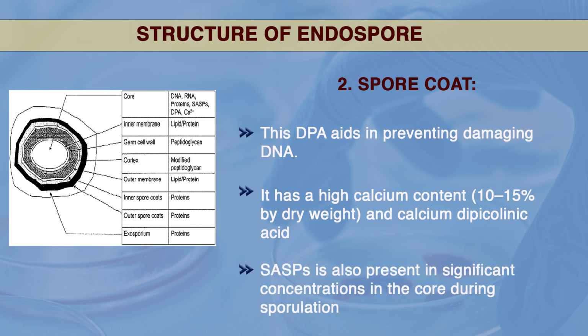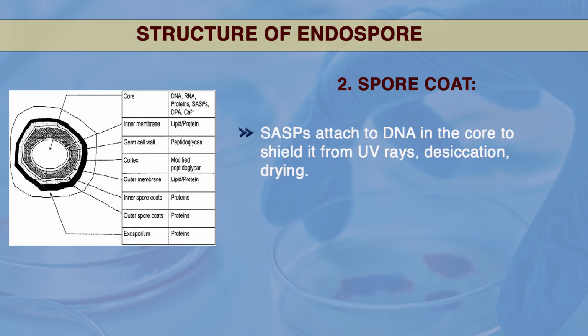SASPs are also present in significant concentrations in the core during sporulation. SASPs attach to DNA in the core to shield it from UV rays, desiccation and drying.